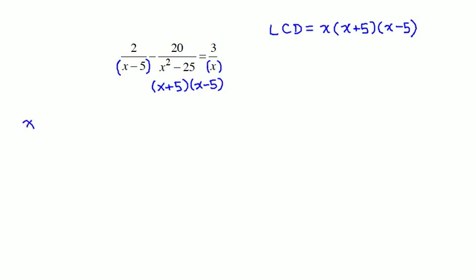So I'm going to write down x times x plus 5 times x minus 5 and multiply this by the left side of the equation.